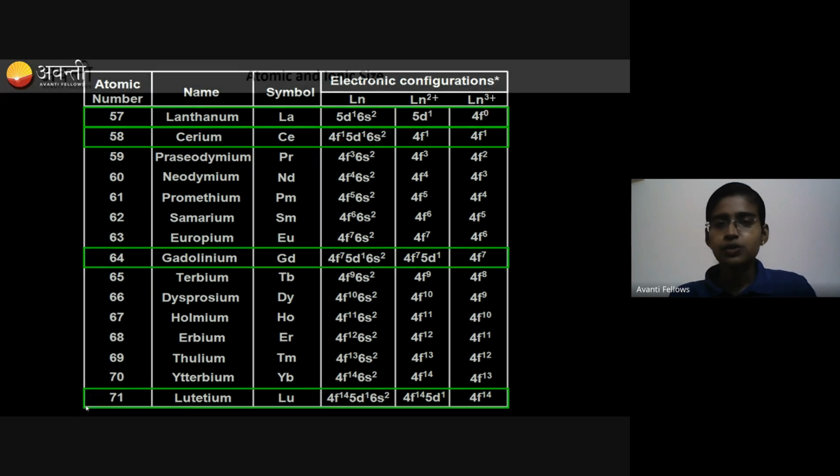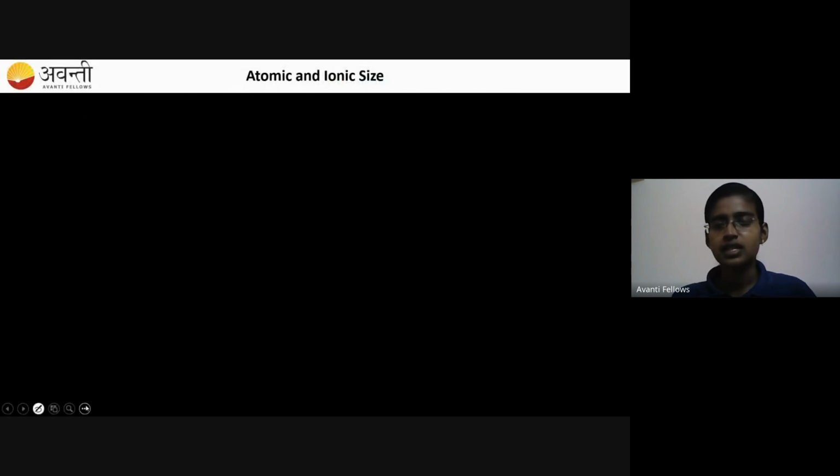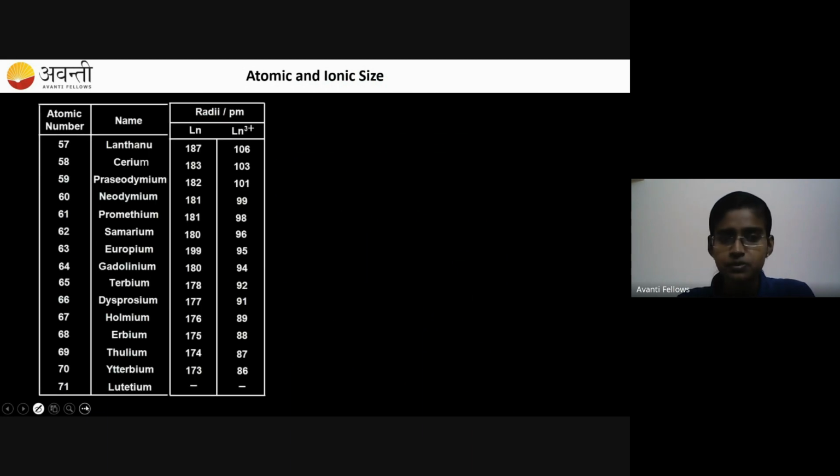Now coming to the next property, atomic and ionic size, which is a physical property of lanthanoids. There is a tabular column shown for all the lanthanoid elements, from lanthanum, cerium till lutetium. For the neutral lanthanoids, the radius is given in picometers, and for lanthanide 3+ ions also, the ionic radius is given.